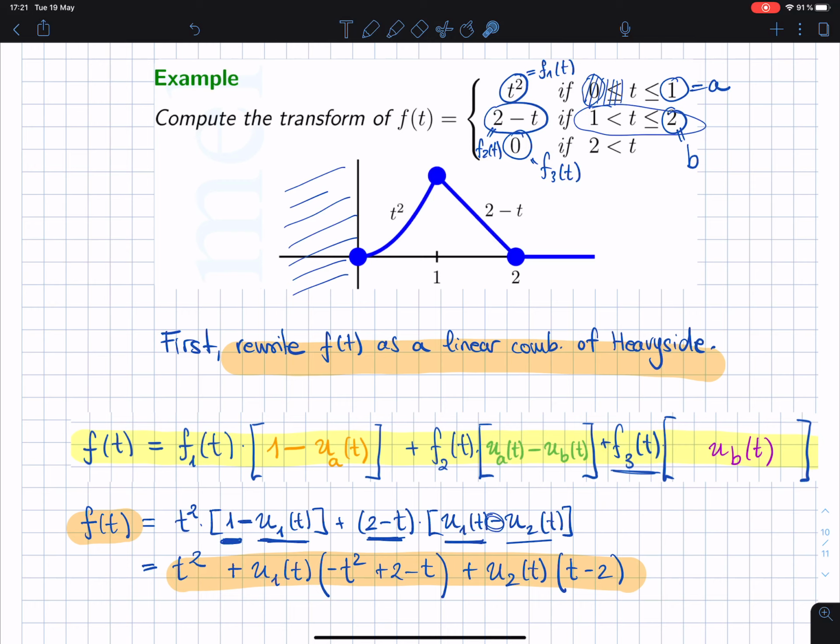Now, we can use the property that we saw at the beginning of the video lecture in order to compute the Laplace transform.